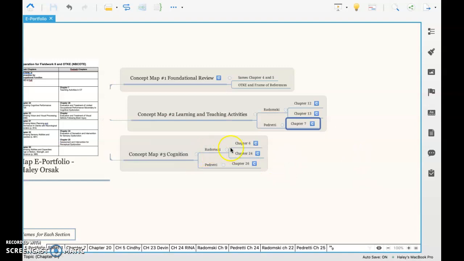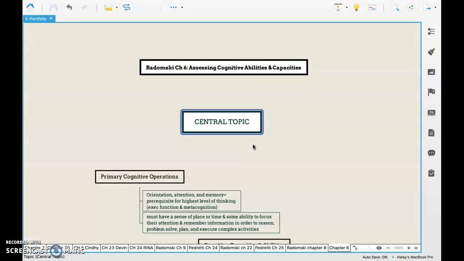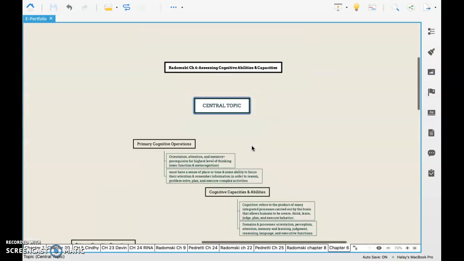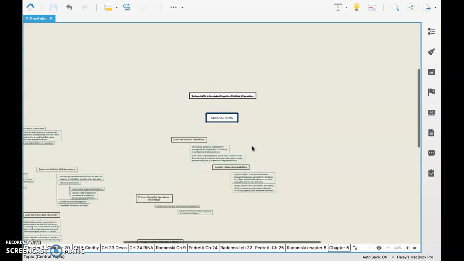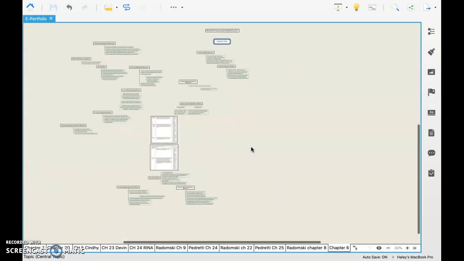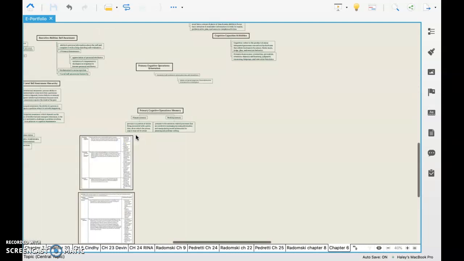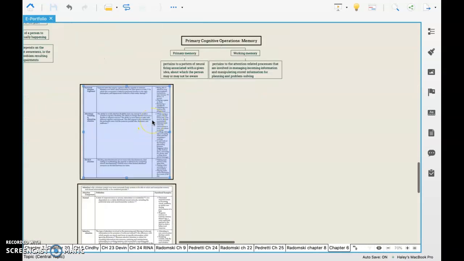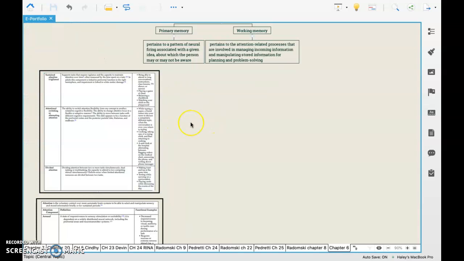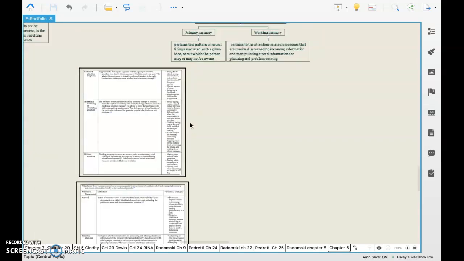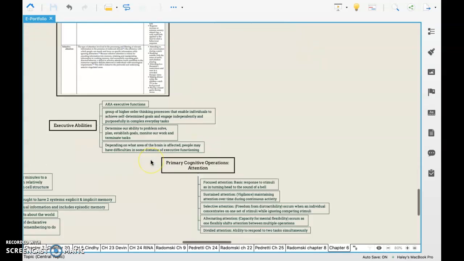Okay, and moving on to cognition, chapter 6 in Radomski is here. This one had some charts and things from the book, which is always good. So I would have to go back and look for that kind of information.